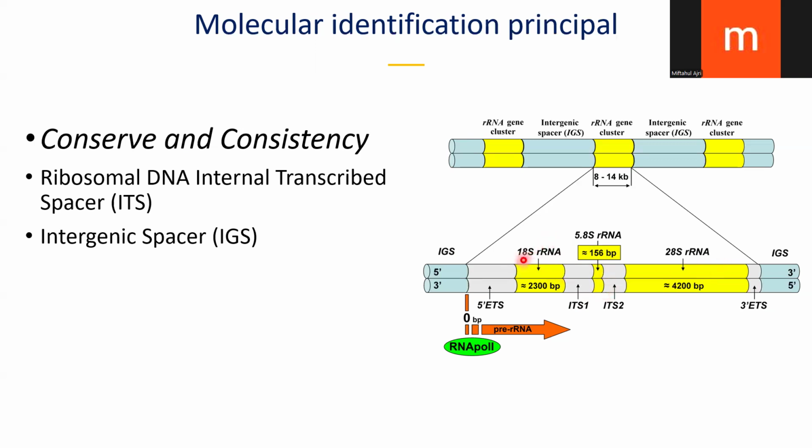This is the region of 18S rRNA and 28S rRNA. The image displays the structure of rDNA repeat regions and sequences commonly used in molecular identification. The rDNA gene cluster consists of repeated rDNA units.